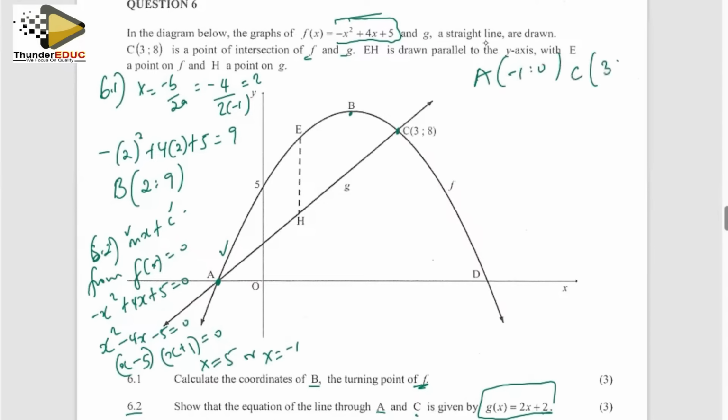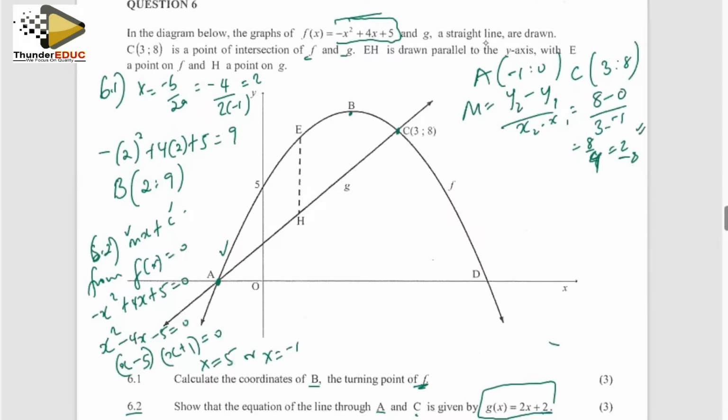Coordinates of C are 3 and 8. So my gradient is going to be change in y over the change in x, which is going to be 8 minus 0 over 3 minus -1. So 8 divided by 4 gives us a 2. Okay? So if the gradient is a 2, remember we're just proving, so you need to show all the steps.